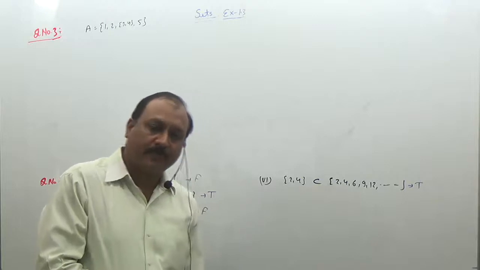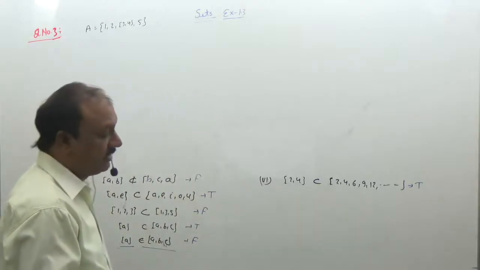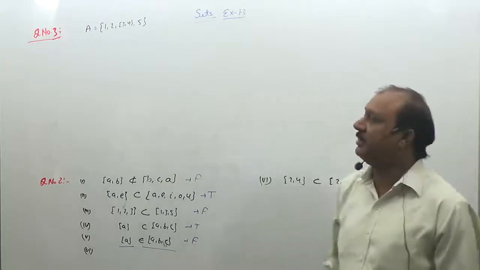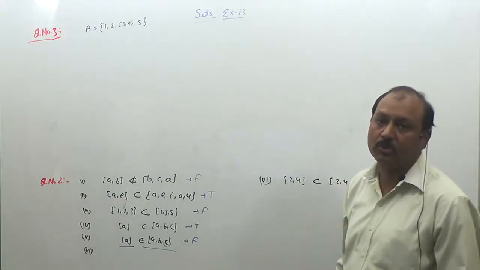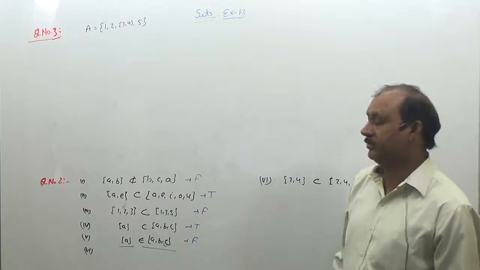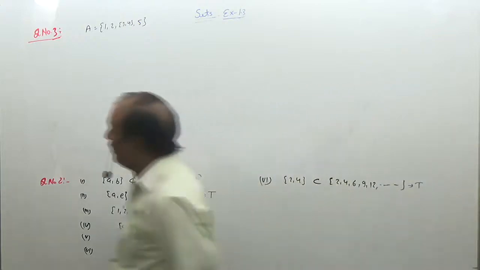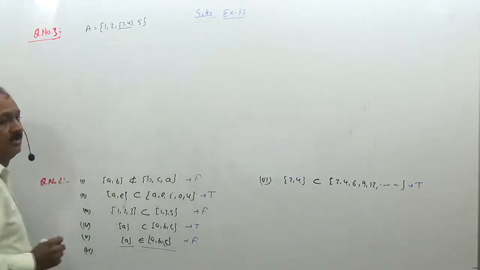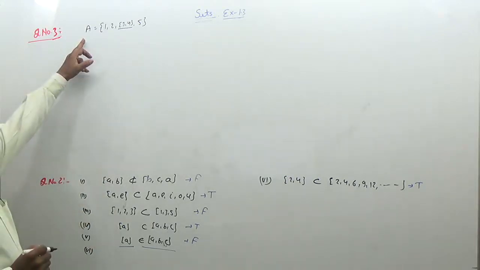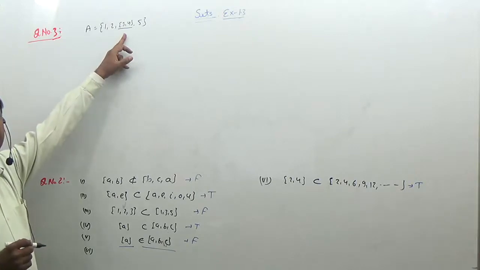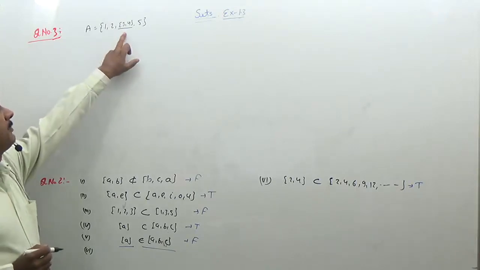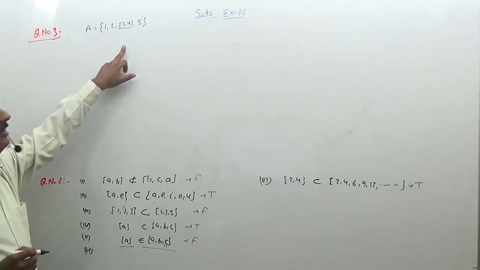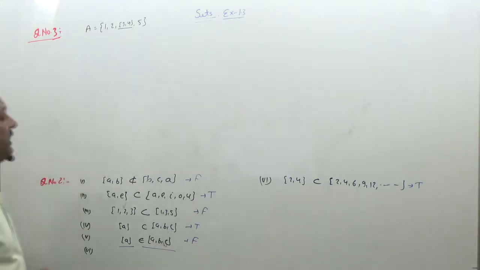First of all, we observe the set or elements of the set. So there is a given set of elements 1, 2, 3, 4. This one is a set, but for the set A, this one is an element. ये अपने आप में सेट है, लेकिन A के लिए ये एक एलिमेंट है. और next is 5.